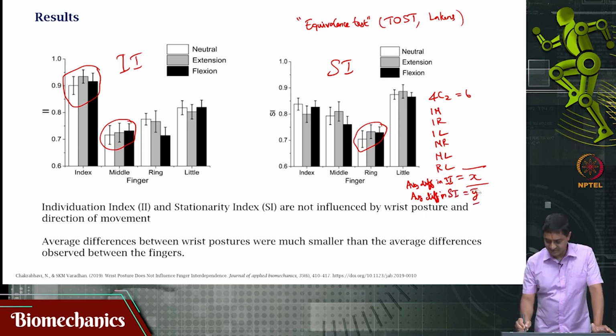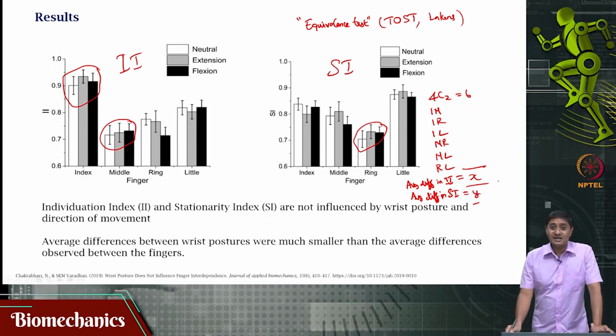Let us say for example, I expect to see a difference of x in the individuation index between the wrist flexion and wrist extension condition, and I expect to see at least a difference of y in the stationarity index between the wrist flexion and wrist extension condition.